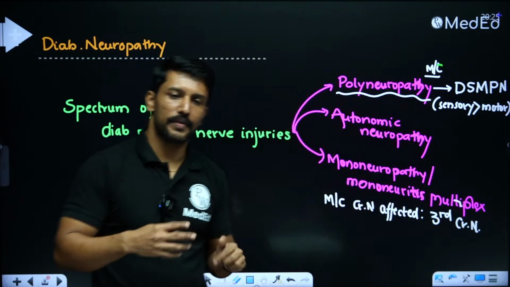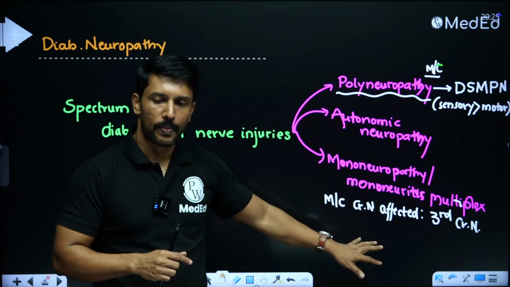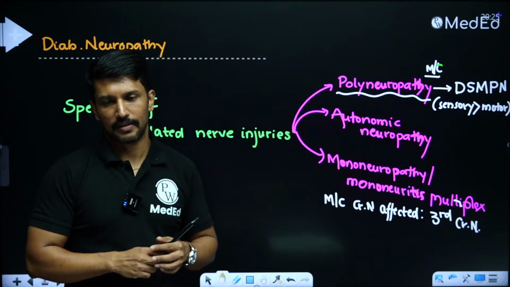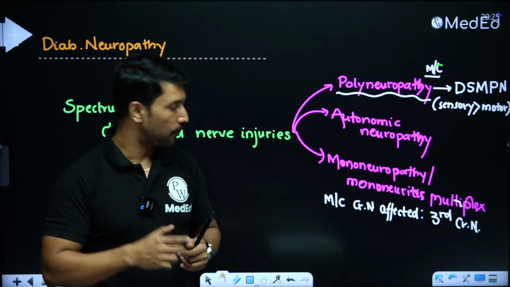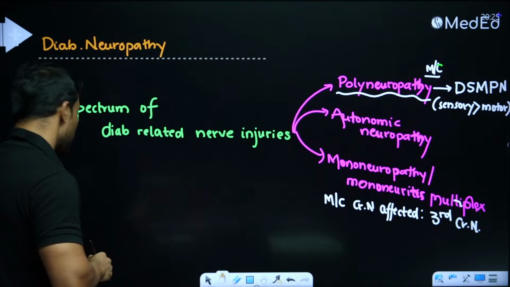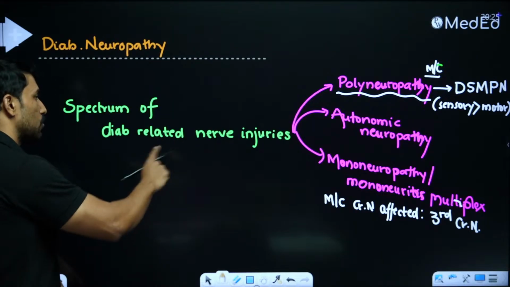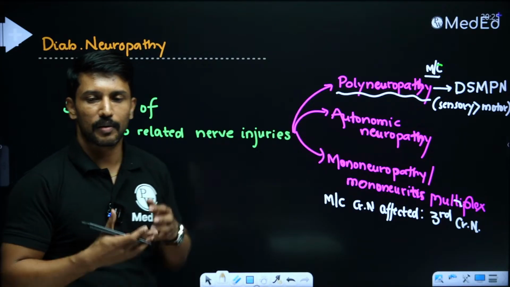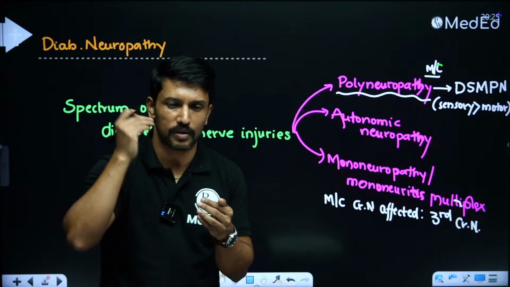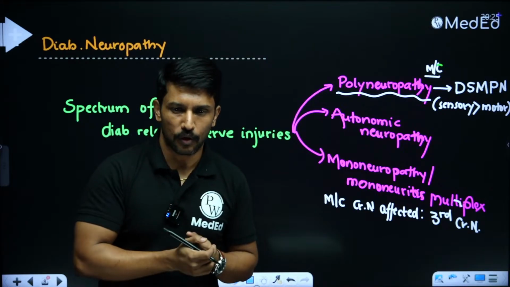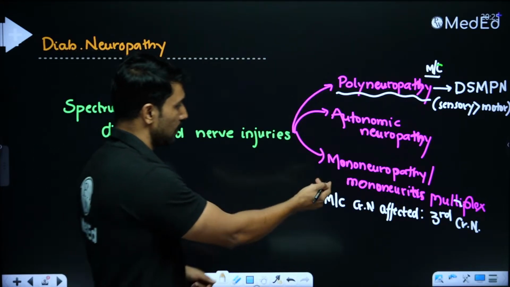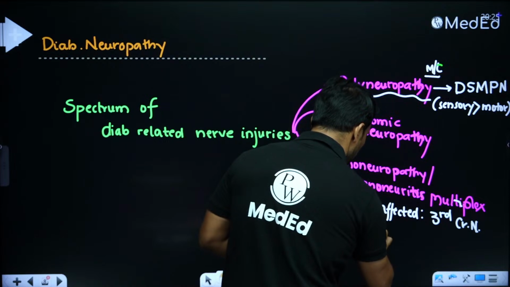Third nerve palsy because of diabetes is very common, and when diabetic third nerve palsy happens, generally the pupils are spared. Pupils don't get affected when third cranial nerve palsy happens because of diabetes, but if the palsy happens because of some surgical cause like tumor or trauma, pupils will also be affected. So third cranial nerve involvement in diabetes is pupil sparing.